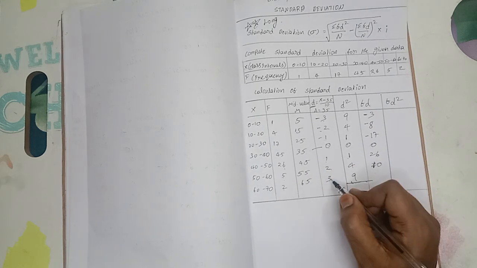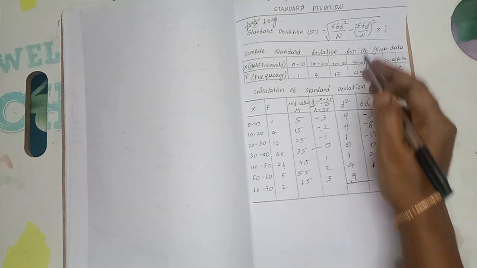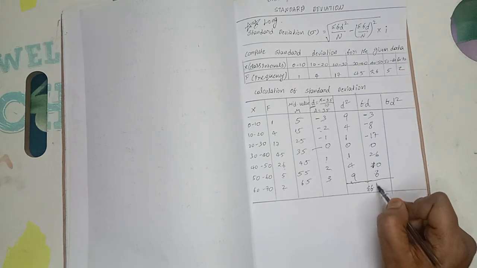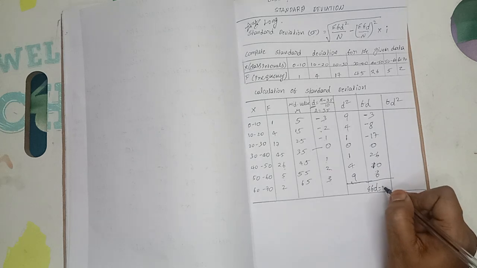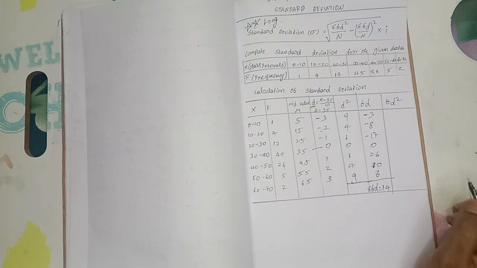Sorry, 2 into 3 is 6. So now we have to find the total of summation fd, that will be 14. Minus values you do minus, plus values you do plus.